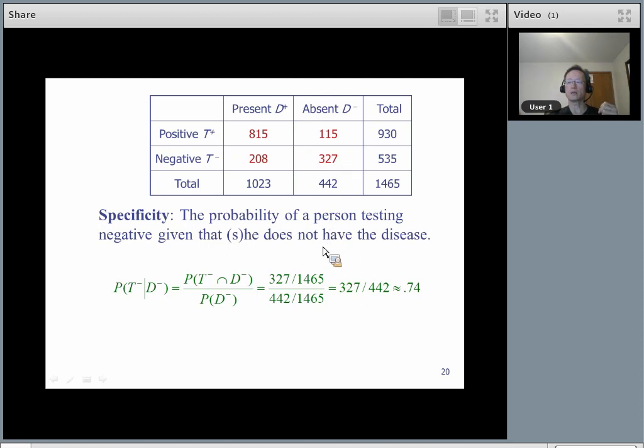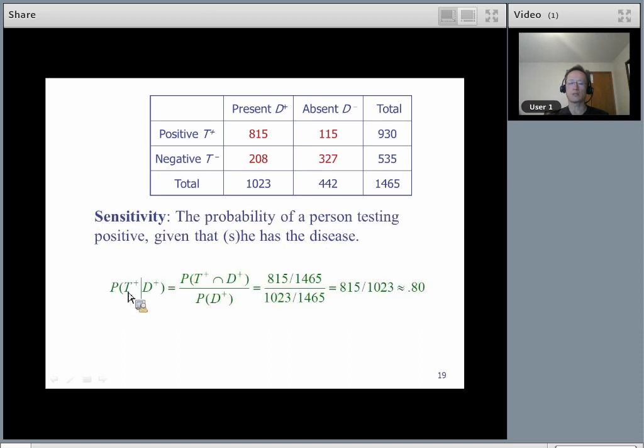So hopefully you understand the meaning of sensitivity and specificity. Specificity is the probability of testing negative, given that the person doesn't have the disease. Sensitivity is the probability of testing positive, given that the person does have the disease.